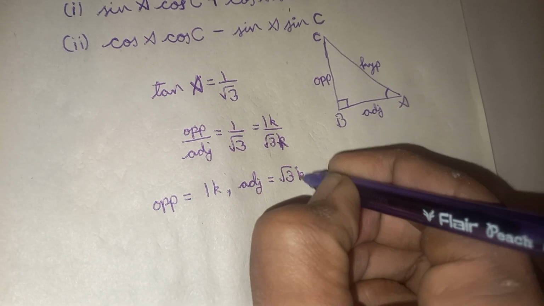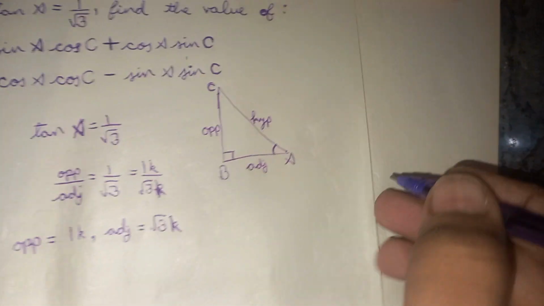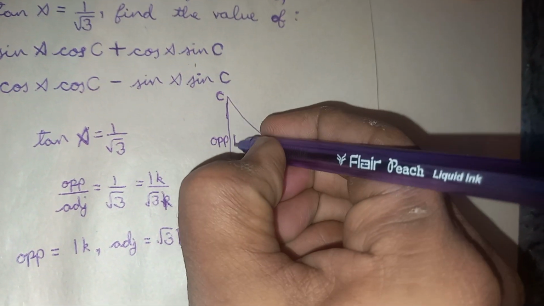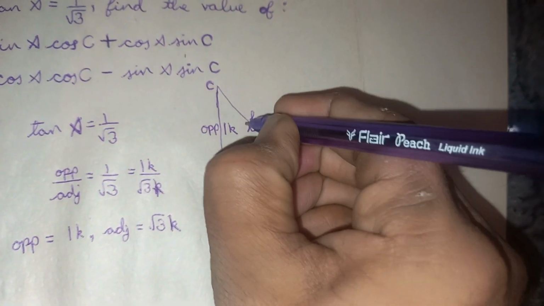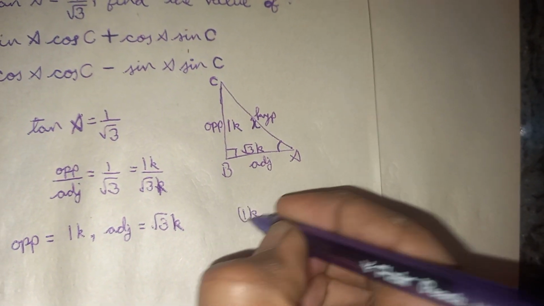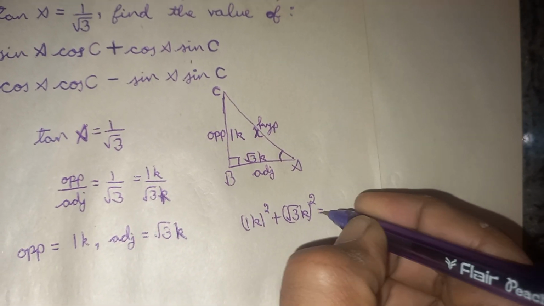Now let's find the hypotenuse, which is the square root of this side squared plus this side squared. Taking it as x, 1k squared plus root 3k squared equals x squared.